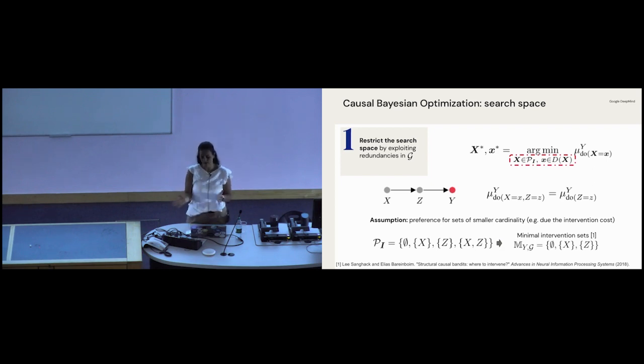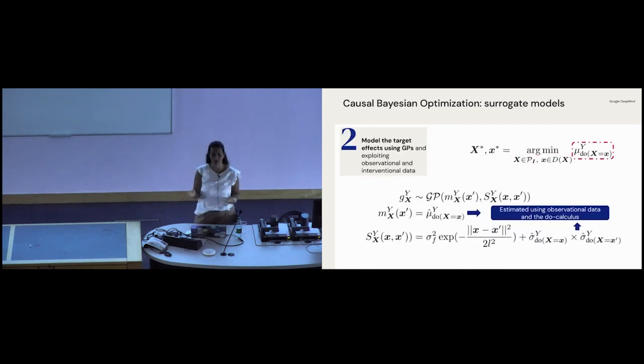Okay, now that we have restricted the search space, so we took care of the part that is circled in red there, we need to take care of the second part, which is how do we model the target effect. Now, because we are dealing with continuous variables, this target effect is actually a function that gives you the expected value of y for every possible intervention level x.